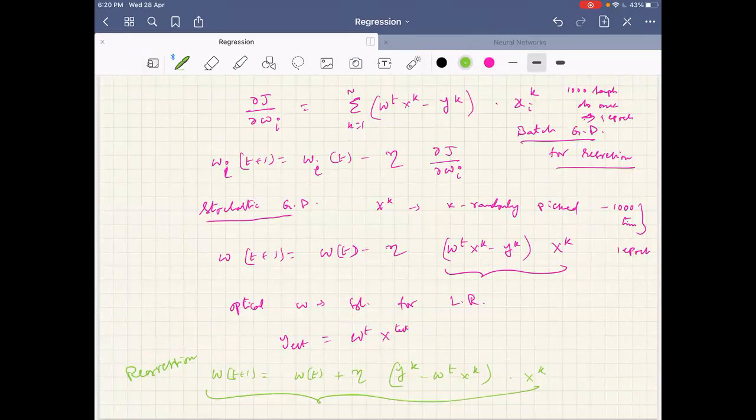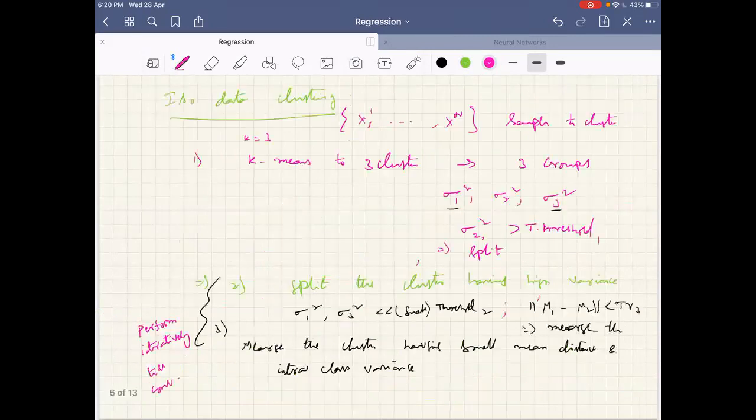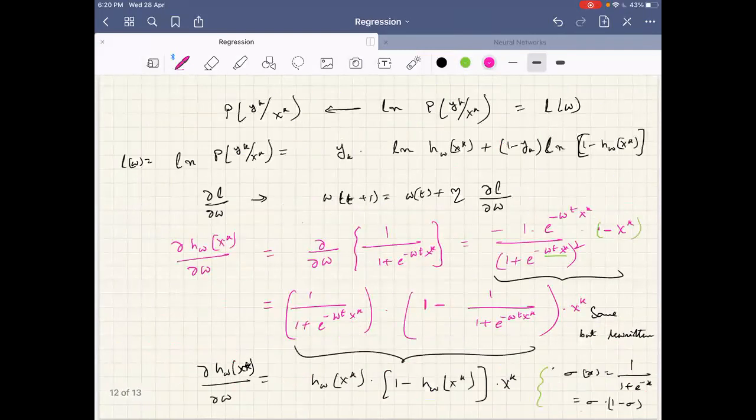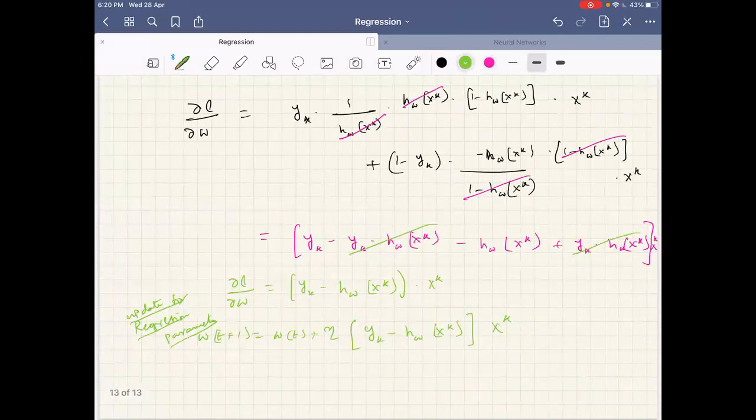But however, what is the difference? Here, please note that this is in some sense HW of xk. So the key difference between the logistic regression update equation and the conventional regression update equation is this HW.